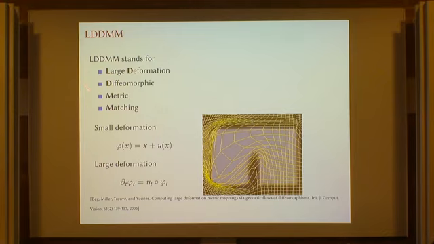It has a metric part because this kinetic energy on the vector fields gives you a notion of distance between deformations, which you then use for the shape analysis. So you encode your image differences in the diffeomorphism, and then you have the distance on the diffeomorphisms to do your analysis.